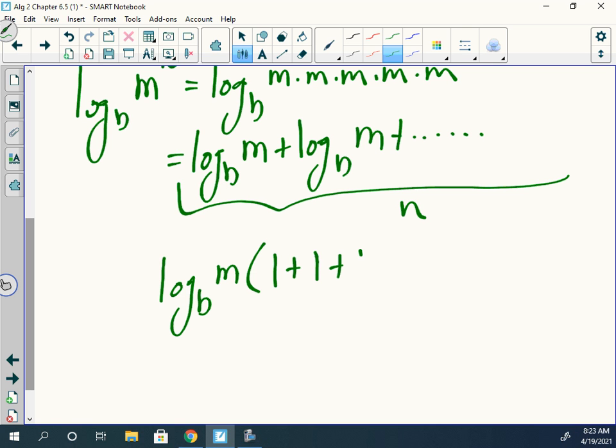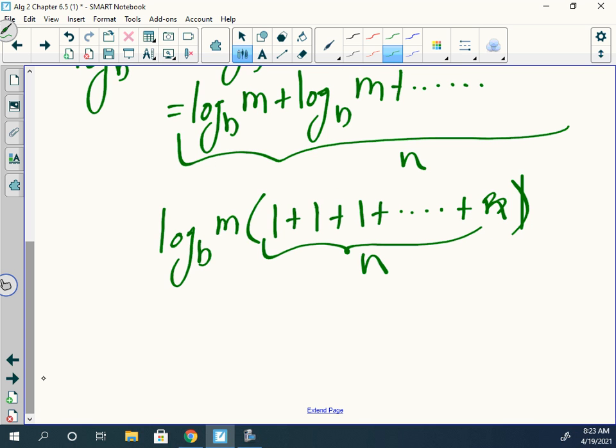Plus 1, plus 1, plus 1, going all the way out to whatever n is, because we have n number of them. So it'll be 1 plus 1 plus 1 plus 1 going all the way out to whatever n is. We'd say that this number of ones is n, whatever the power is.